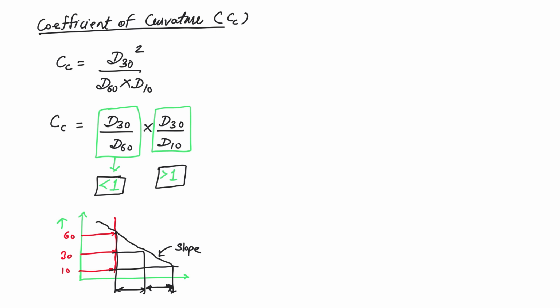Yes or no? So that is why we can say that if Cc is between 1 and 3, the slope is almost constant. Yes or no? Slope is almost constant for the graph.